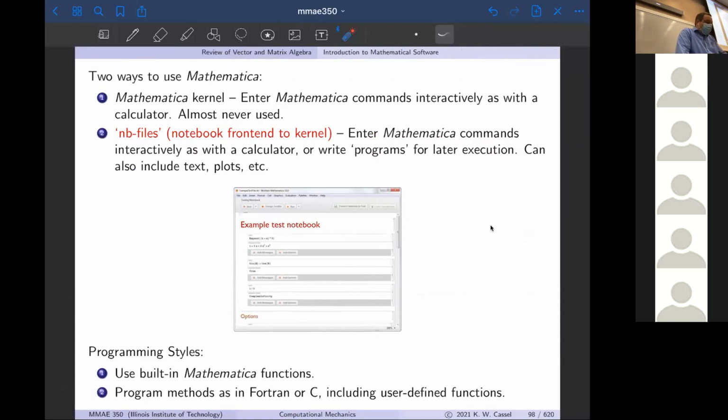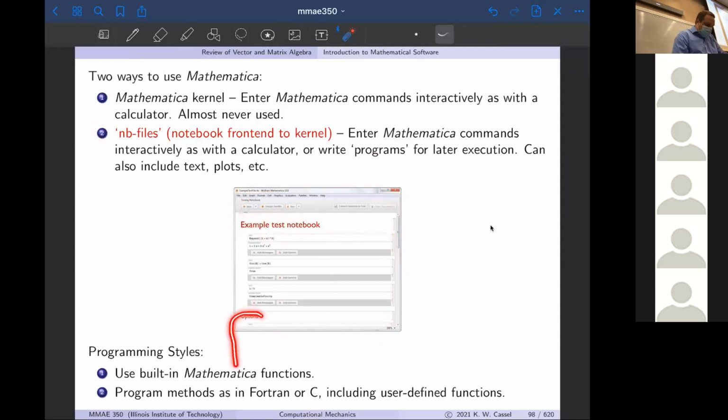One of the great things about Mathematica is the notebook interface, which is one of the primary ways that people use it. This is kind of what a notebook looks like. It contains everything. You can have descriptive text. You can actually have a structure to the document, so you can have headings, subheadings, and it's all collapsible.